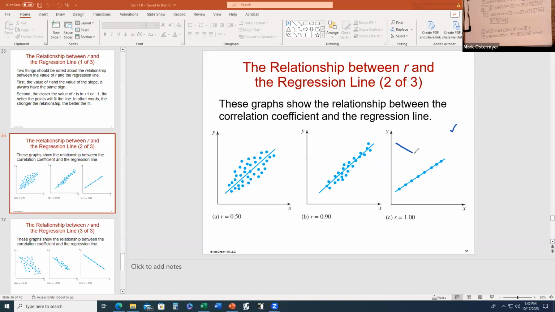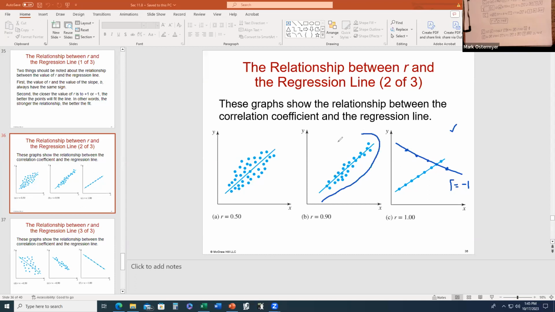Or if all your ordered pair data points lie on a falling line perfectly, then we would expect R to be not positive 1, but exactly negative 1. In which case you'd have a perfect negative or a perfect inverse correlation between X and Y.